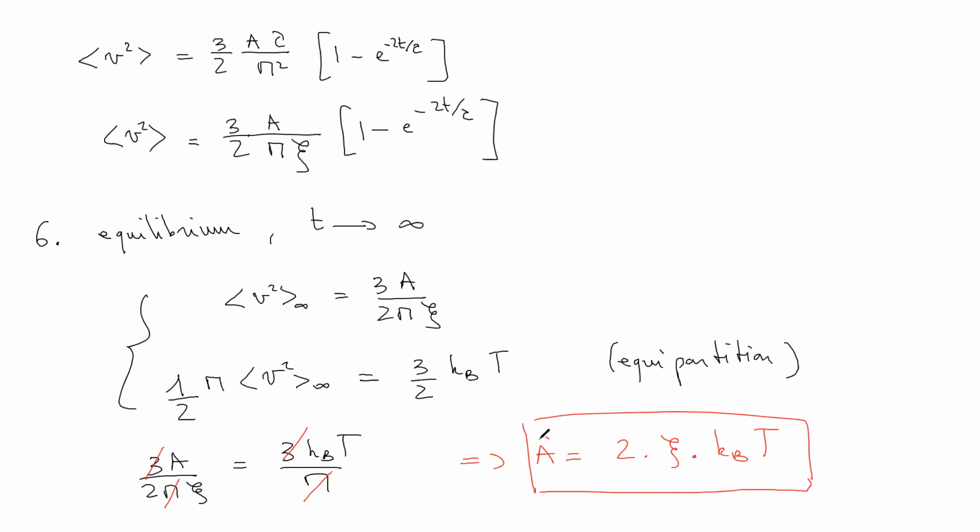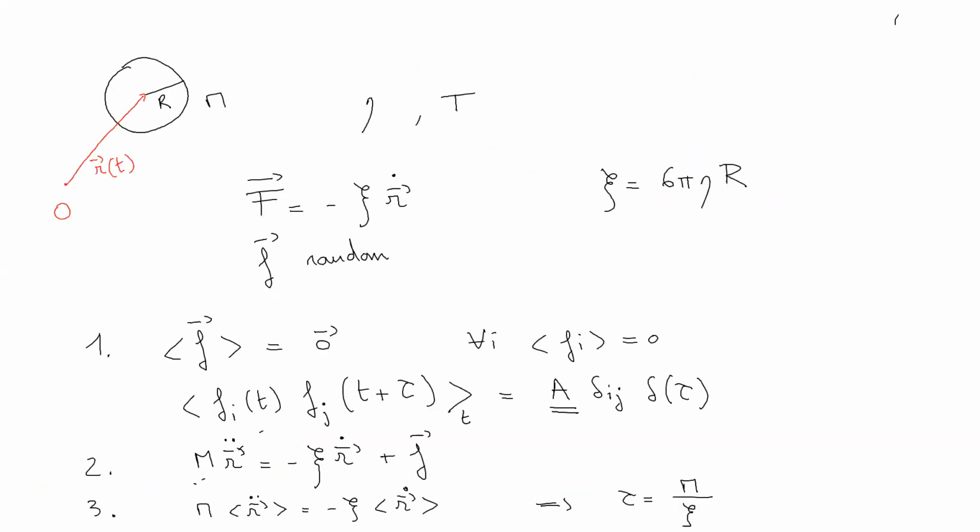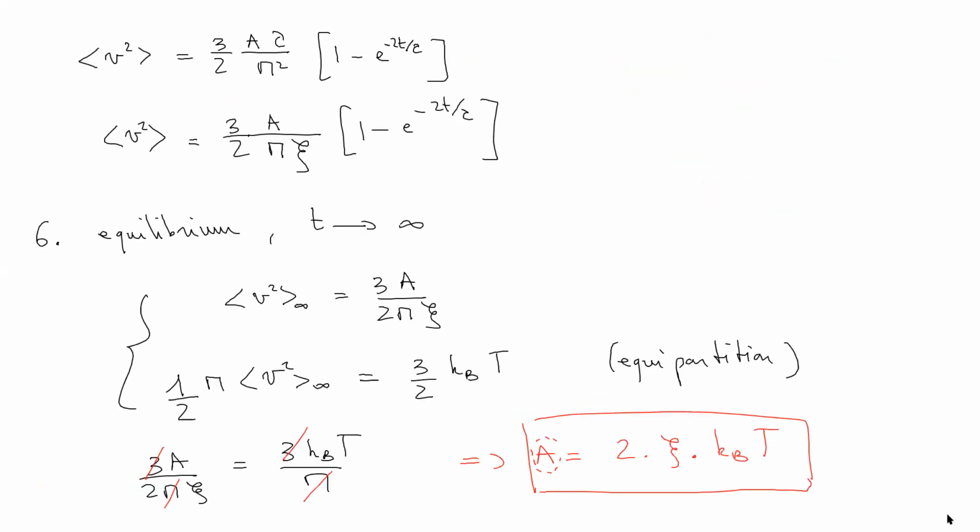This guy is the amplitude of the noise, because this is the amplitude of the correlator of the force that we didn't know so far, but now it's specified. This guy is the dissipation, the drag coefficient, and this guy is temperature.